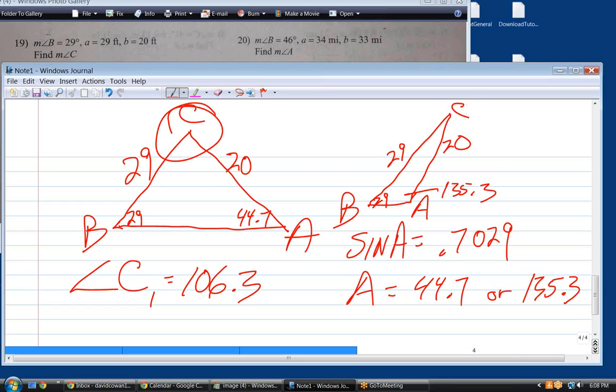And in this case, angle C sub 2 is what? It's 15.7. So there's our two answers. We have a C sub 1 and a C sub 2.